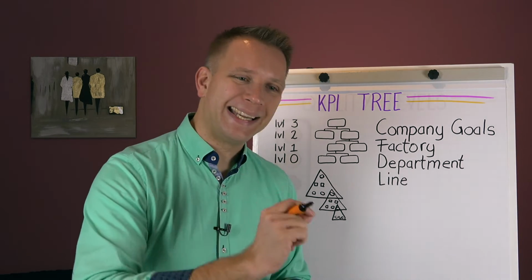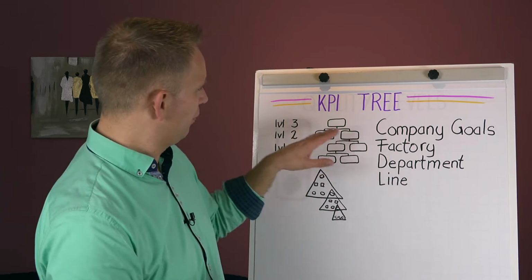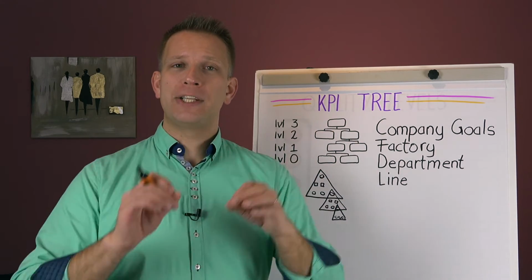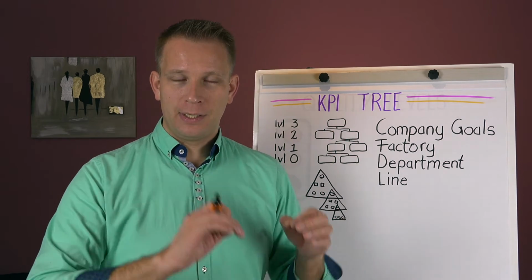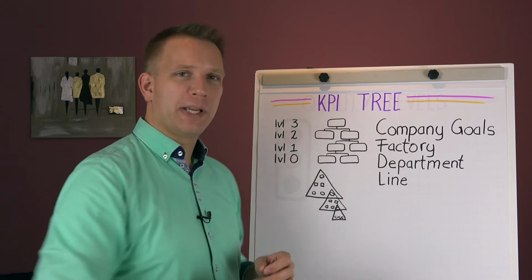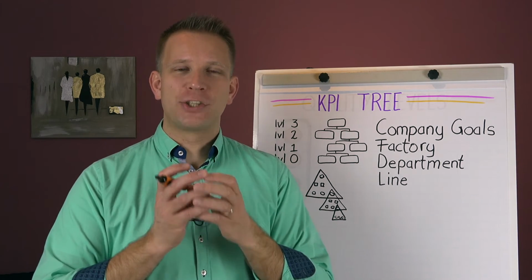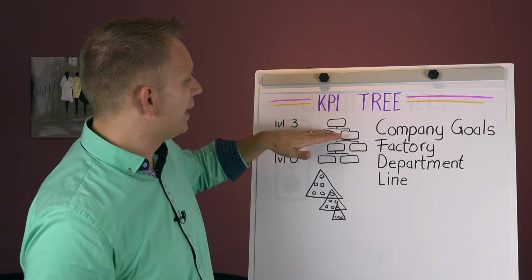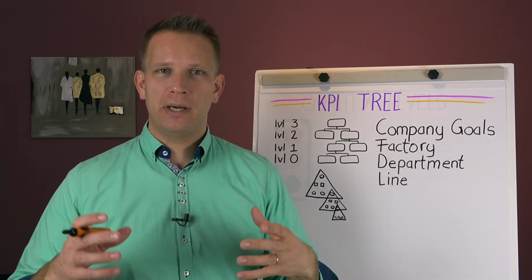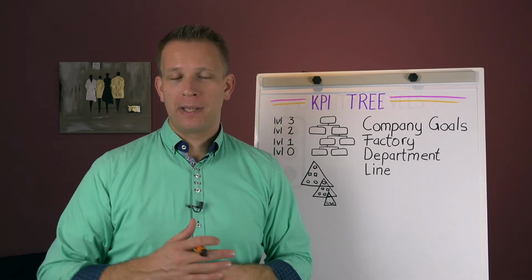And that's why we need to check for each of the KPIs on each of the levels. That means that if you put the volume KPI into the lines, what you're going to get back is not the full picture. You need to track that KPI on the level where you put it.